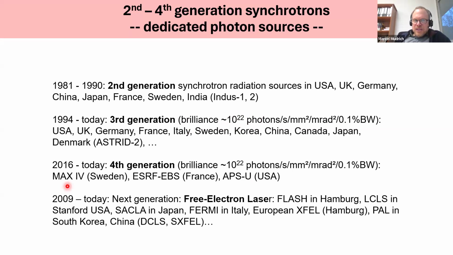One of them is MAX IV in Sweden, where Shiva and I have already participated in experiments. There's the European Synchrotron Radiation Facility in Grenoble in France, which is fourth generation. There's the Advanced Photon Source in the United States, and I think a few more. So those are the newest synchrotron sources.